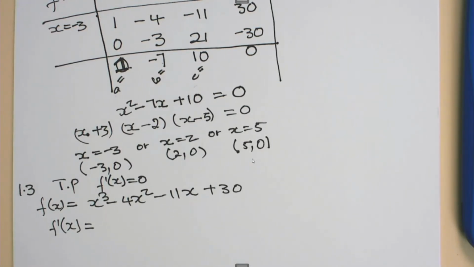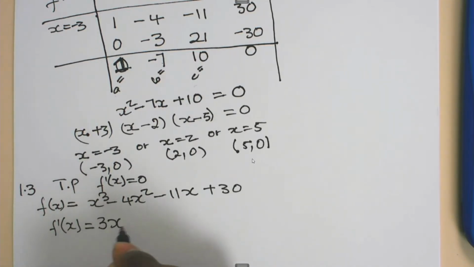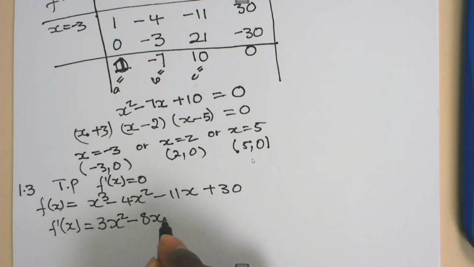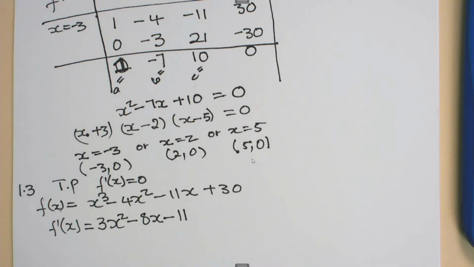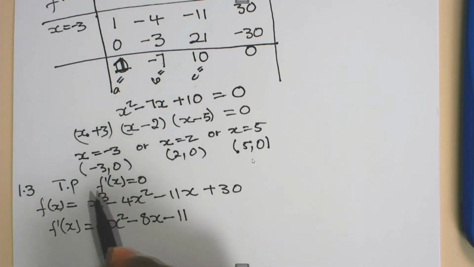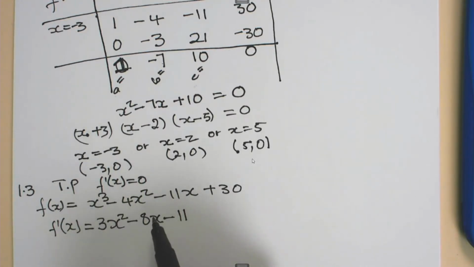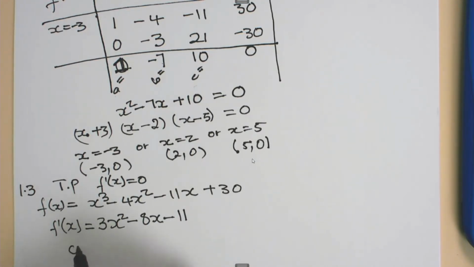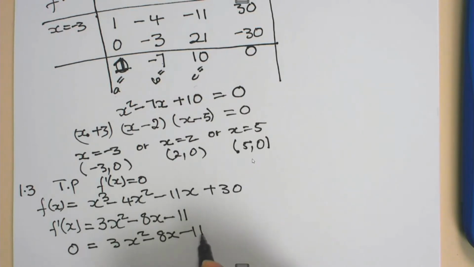Then we need to determine f prime of x. And for this, we know that we're going to differentiate. Therefore, we're going to have 3x squared minus 8x minus 11. It's the first derivative. And we said that at the turning point, the first derivative is equal to 0. It means I'm going to equate this to 0. I'm going to have 0 is equal to 3x squared minus 8x minus 11.